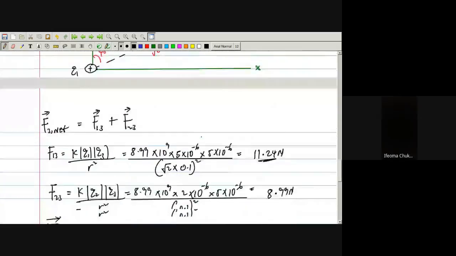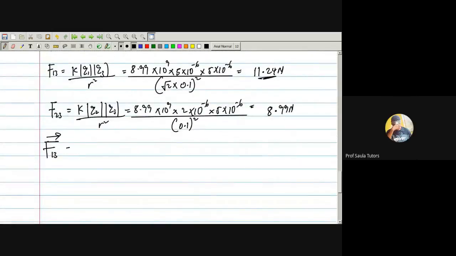So it means that F13 will be equal to F13 cos 45 degrees. Since it's going to the positive x-axis, I'll have positive I with it. Remember, I represents the x component, and J represents the y component.